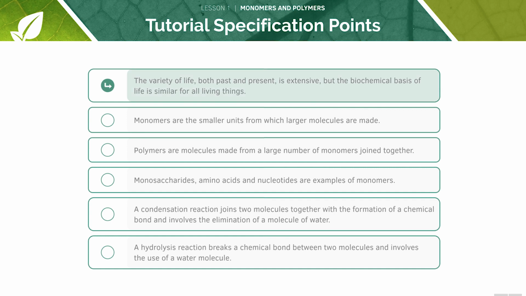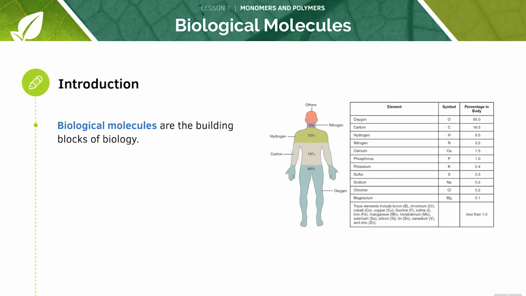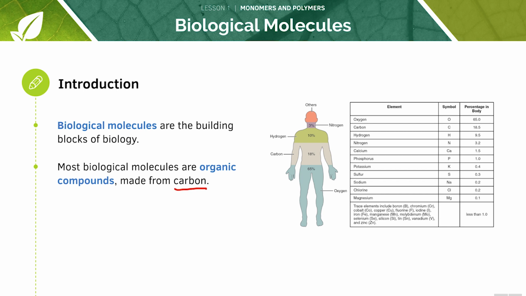First, we will cover the variety of life. Biological molecules are known as the building blocks of biology. Most biological molecules are organic compounds. This means that they are mostly made up of the atom carbon.